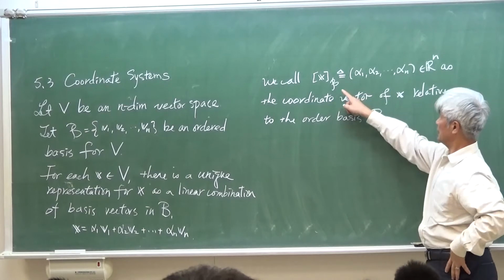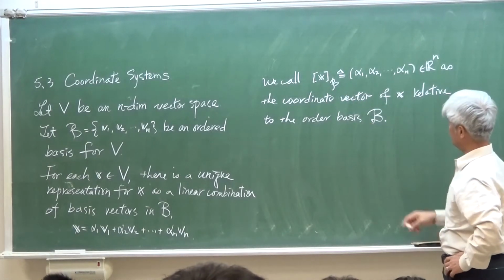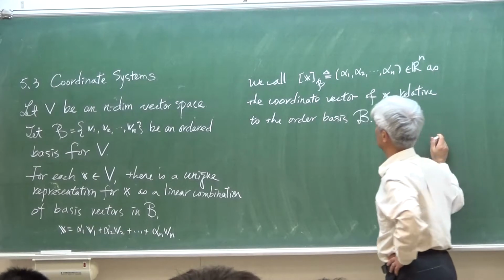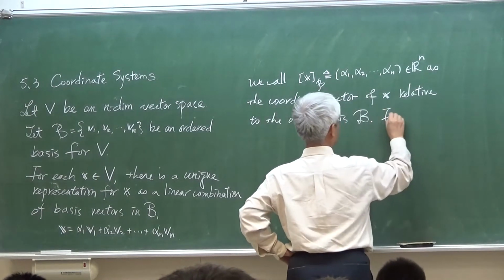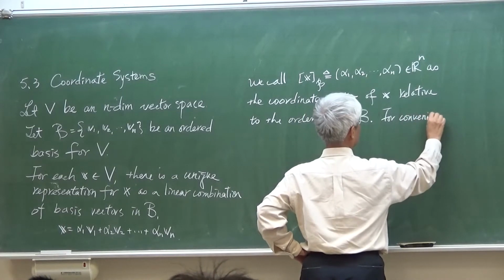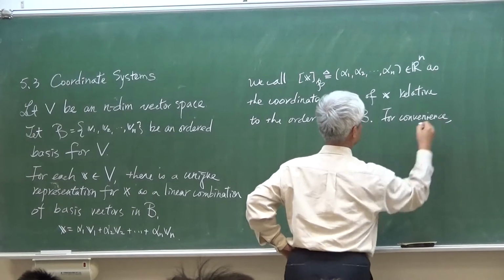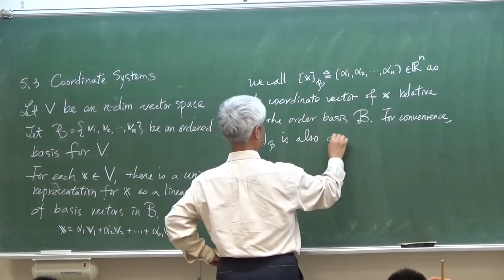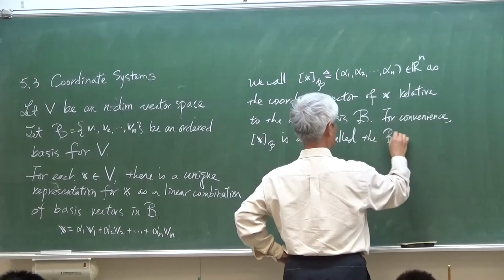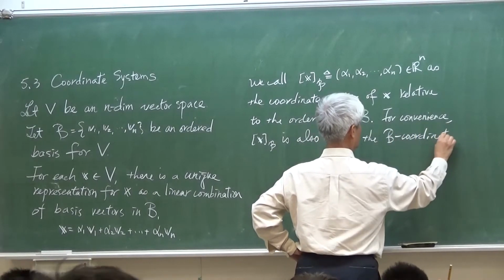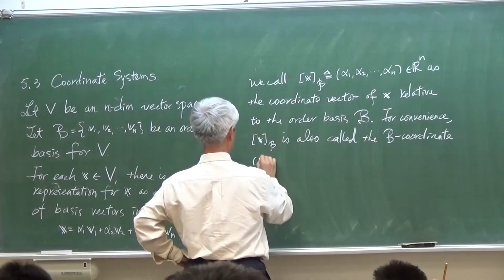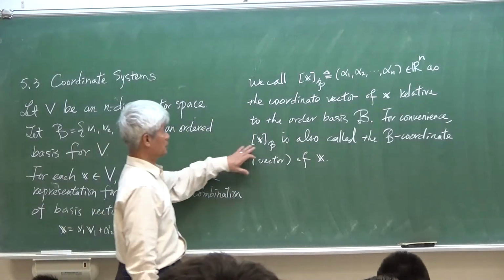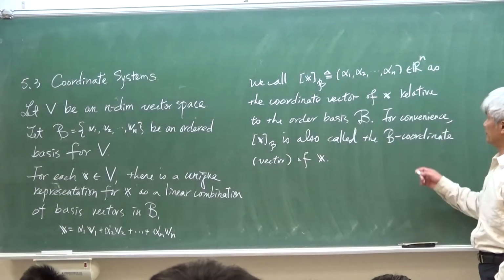And this vector with this notation is called the coordinate vector of x relative to the basis B. And for convenience, sometimes we just explicitly denote the coordinate vector with the B dash.